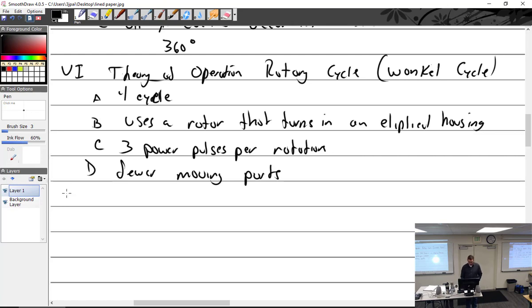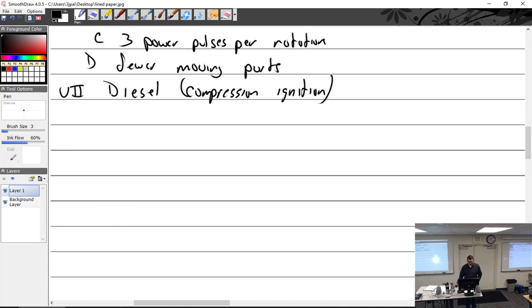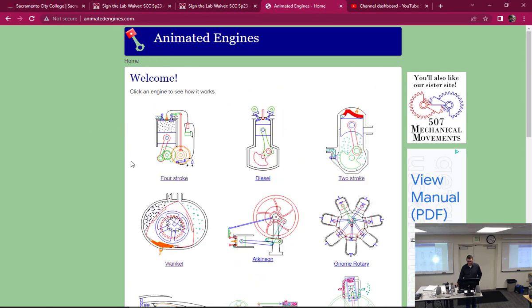Let's go on to our diesel, or compression ignition. The thing you've got to know about diesel or compression ignition is don't put the DEF in the big tank.